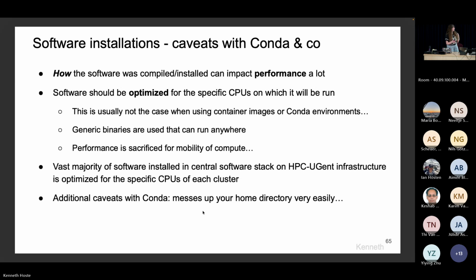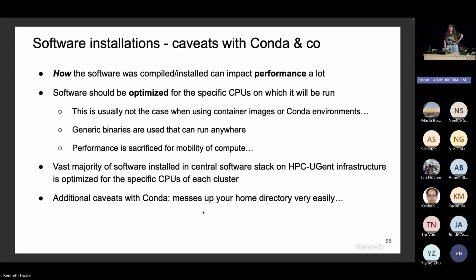The caveat with installing software yourself is that you want software to perform as well as it can, and also to optimize the utilization of our clusters. If you're using something like Conda, you're not really running optimized software.